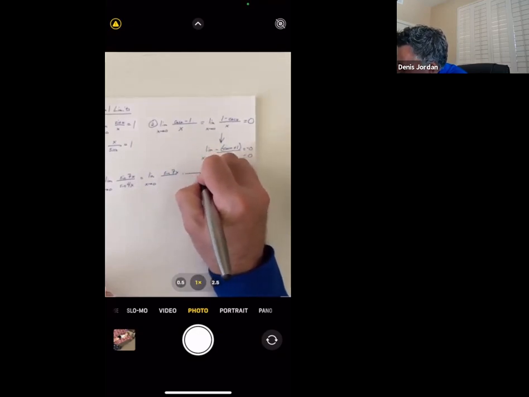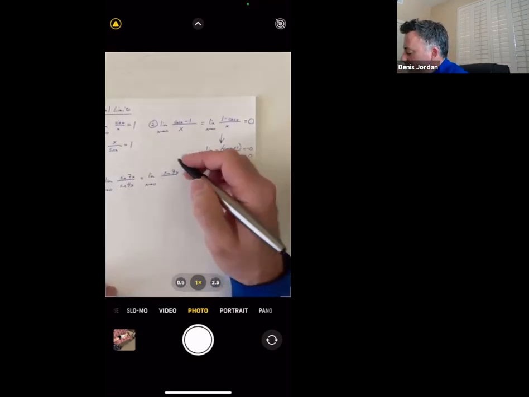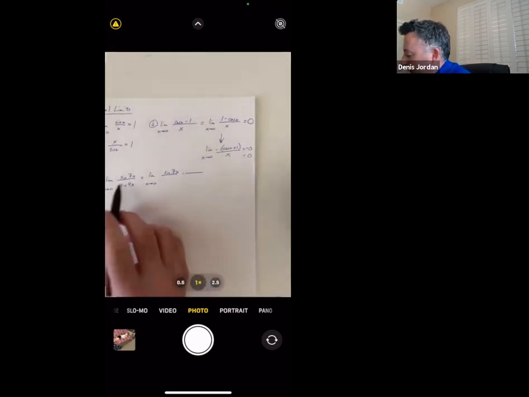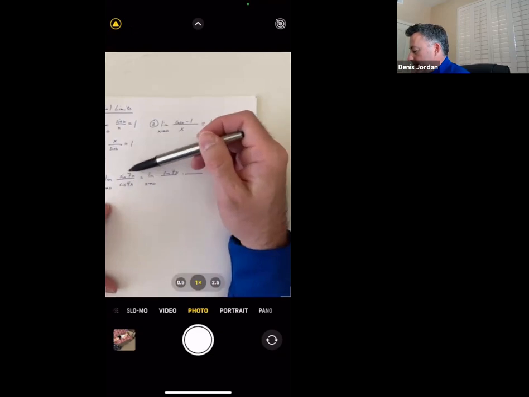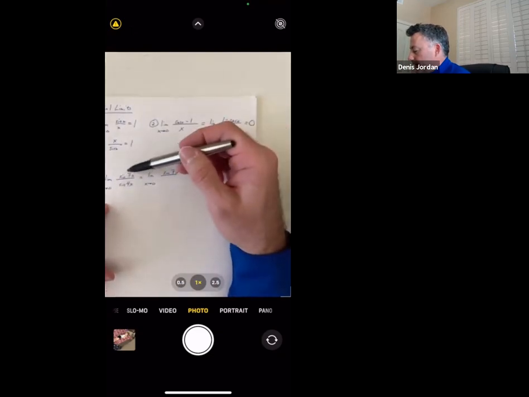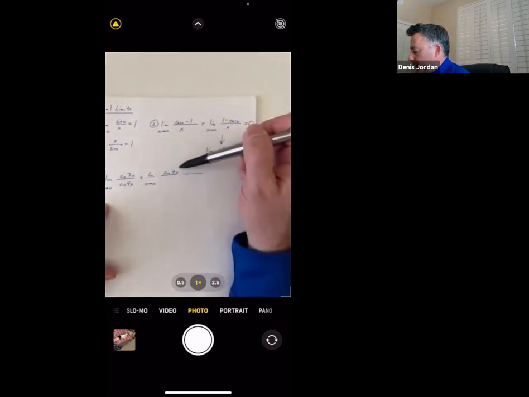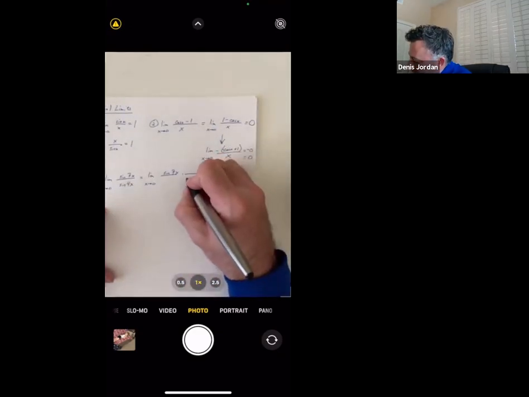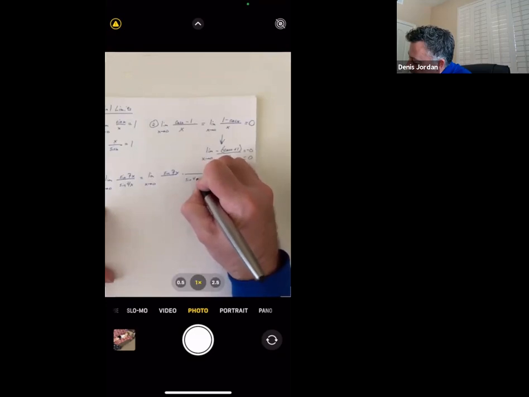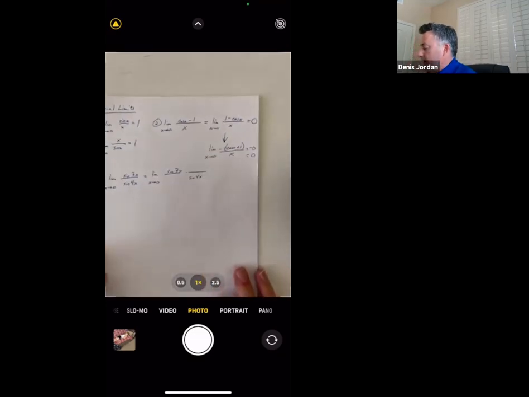All right, so what I'm going to do is split the sines apart so that the sine of 7x is by itself in one fraction, and the sine of 4x is by itself in another fraction.